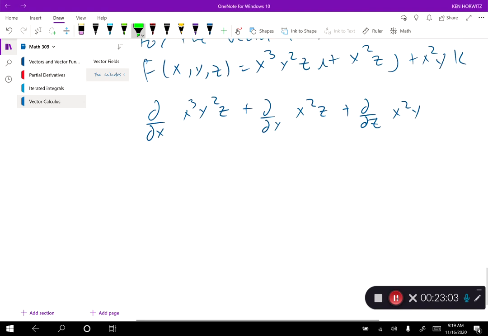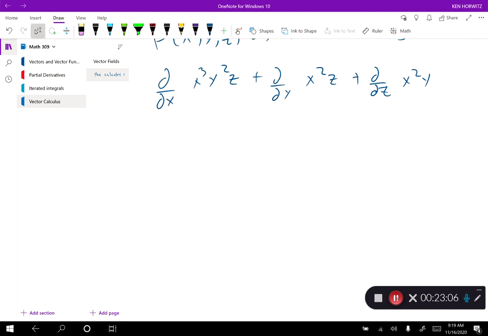All right, hopefully you did your partial derivatives okay. I got three x squared y squared z. Now my second partial is with respect to y, but there's no y's in it, so that's plus 0.